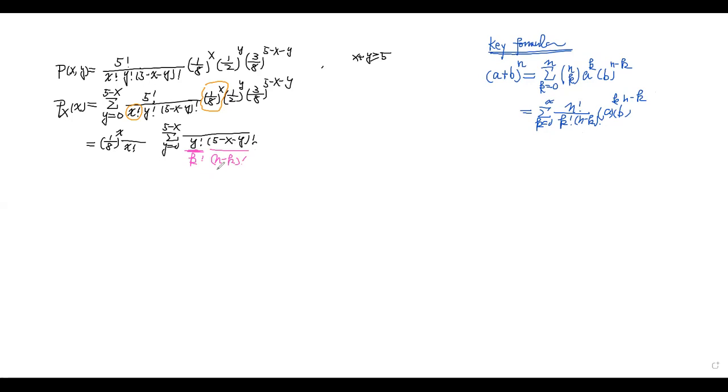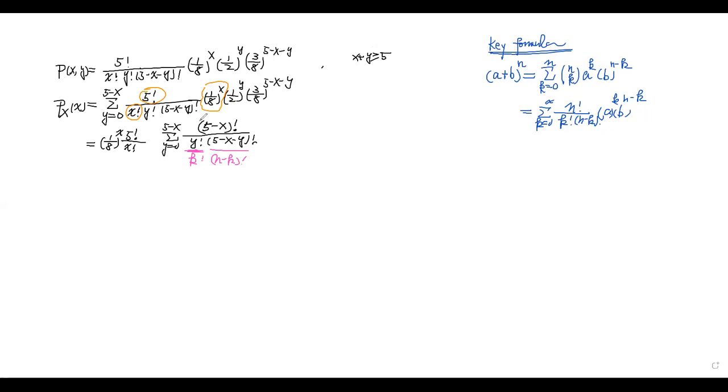So what is my n? My n will be 5 minus x. Also, because 5 factorial is not to the x, I can move the 5 factorial out here, and now I manipulate this.